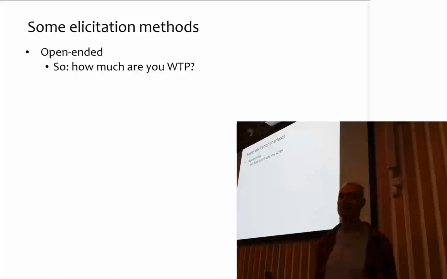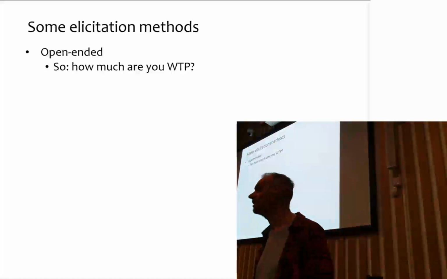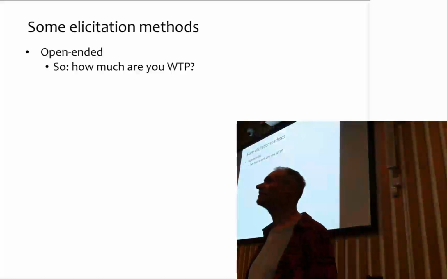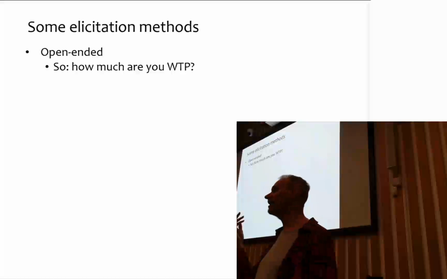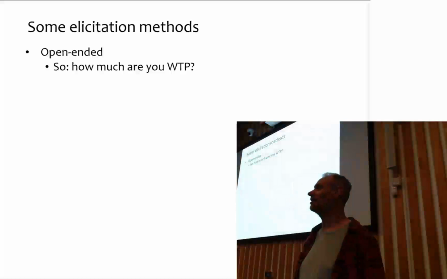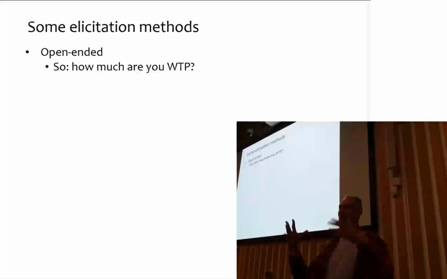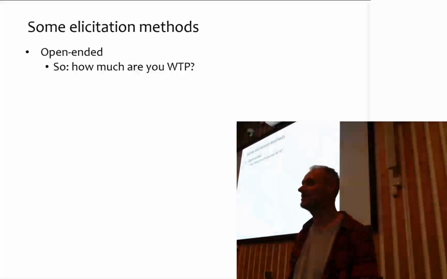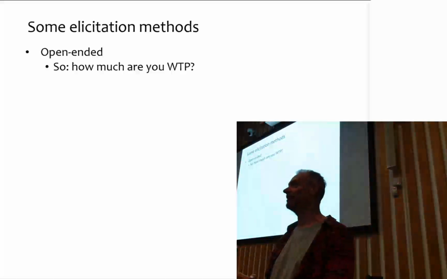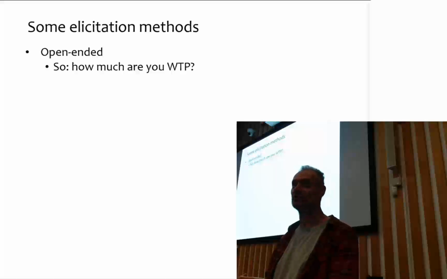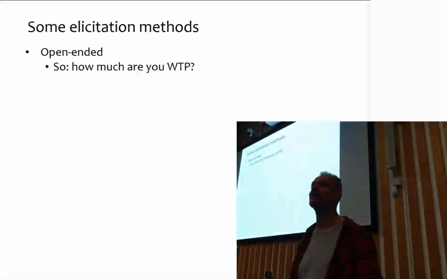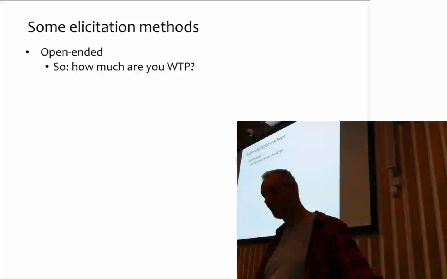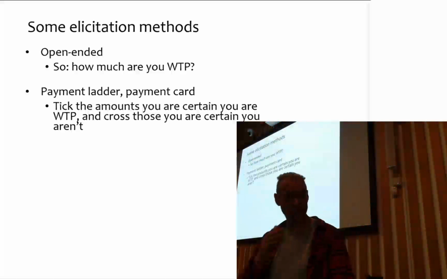But in most situations, you are quoted a price and you take it or leave it, right? And in some cultures, there can be a little bit of heckling about the price, but there is a starting point, right? The question, how much are you willing to pay for something, is just not something that your brain is trained to answer. So this is how contingent valuation started, and the result was a lot of noise.